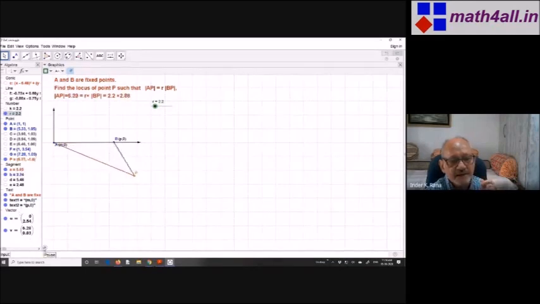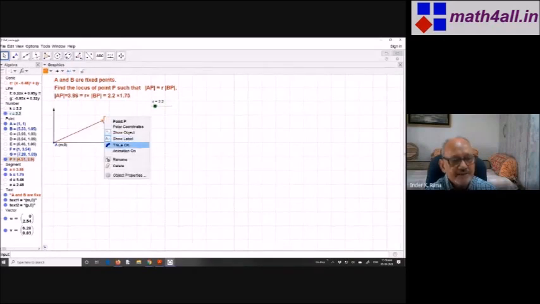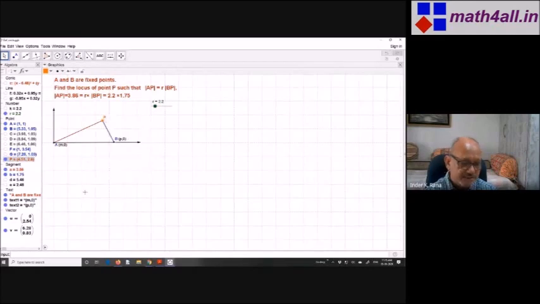And so now you can try to make a guess what the locus should be. And if you want something slightly more dramatic, let me put a trace on, which is possible. As the point P moves, it will leave a trace on the plane. So this is what the locus looks like.